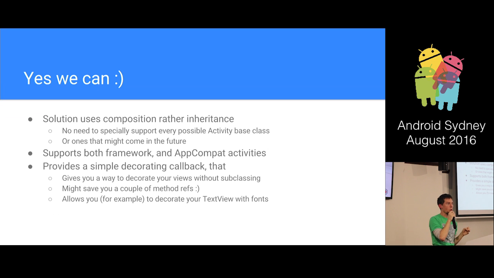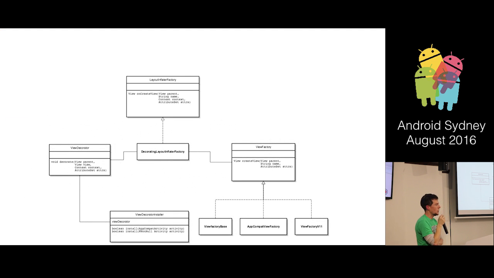Then we make sure that we call AppCompat or the platform to create the view, and once that's done, we call back our own interface to do whatever decoration we want. So this is just a basic static layout of the implementation that I'm proposing.